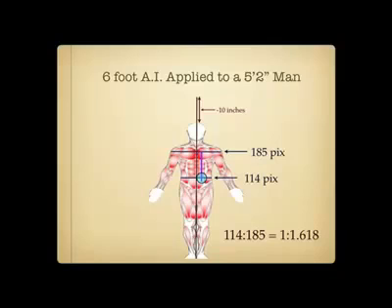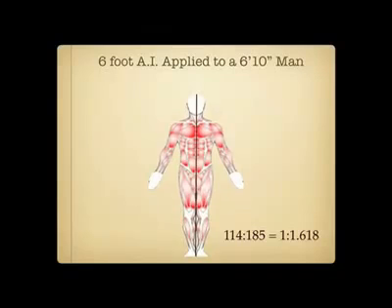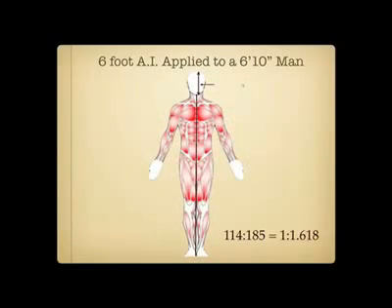The key to the Adonis index is a perfect, aesthetically pleasing body that includes the effects of height. It's a complete 3-dimensional full body index. Now if you take it to a 6'10" man, again we're going to extremes, so this person's about 10 inches above a 6-foot man. He can still have the same shoulders and the same waist.